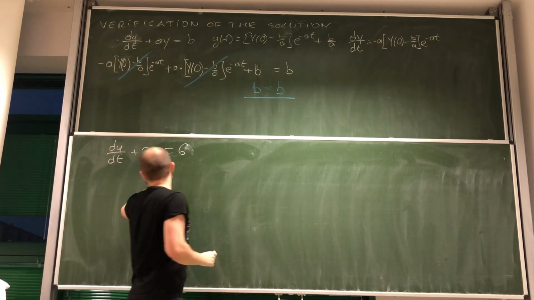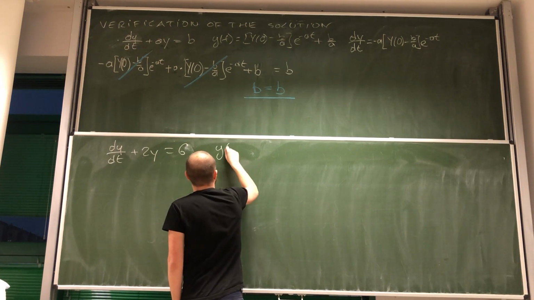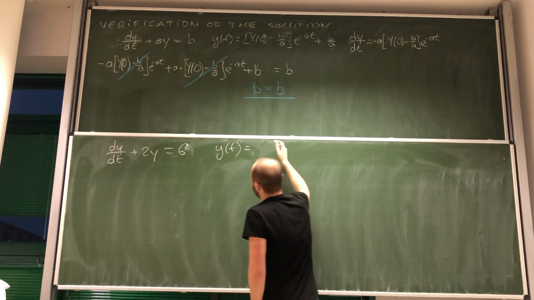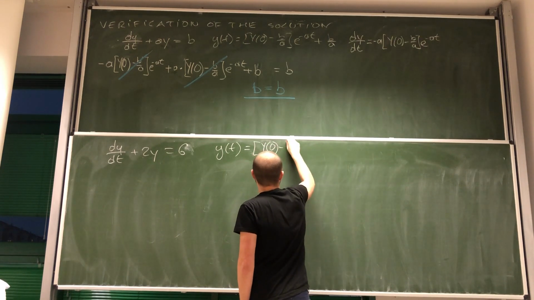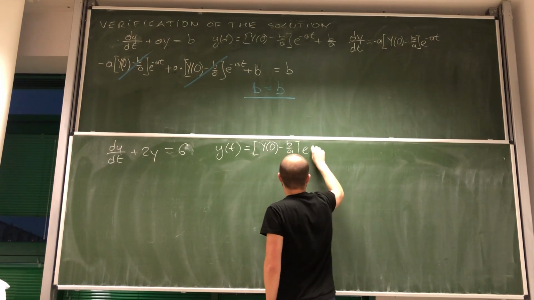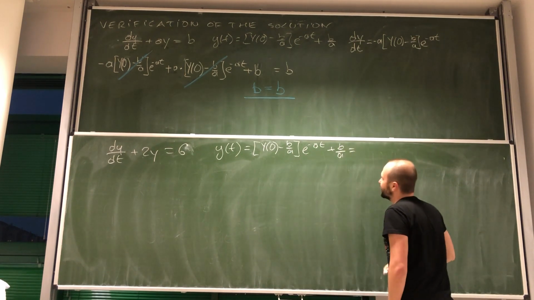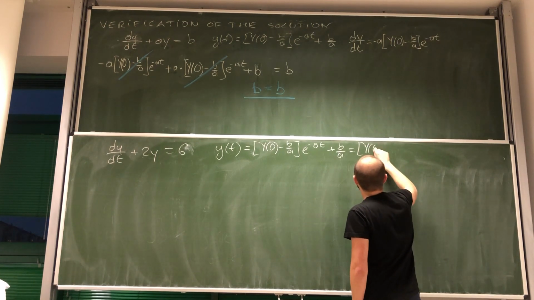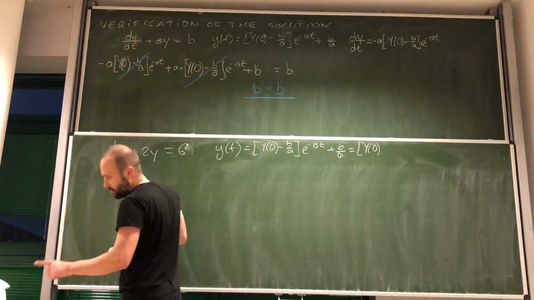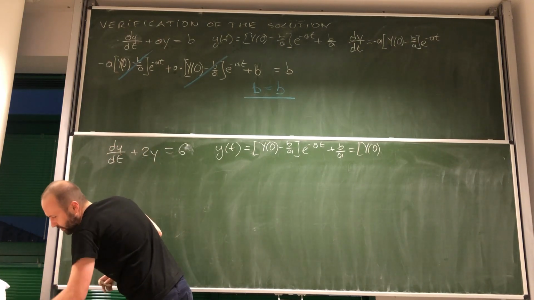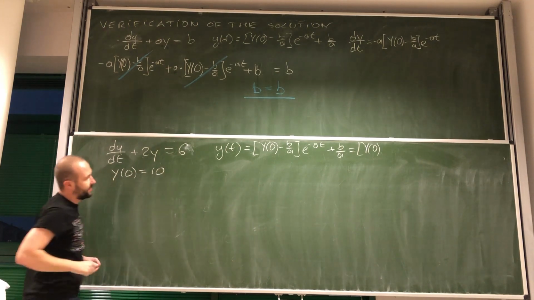Let's first solve the equation. We've got that y(t) is equal to (y0 - b/a)e^(-at) + b/a. We also had the initial condition here. The initial condition was that y0 equals 10, right?